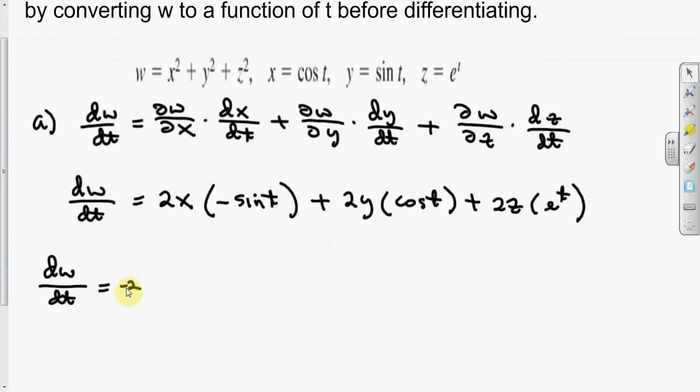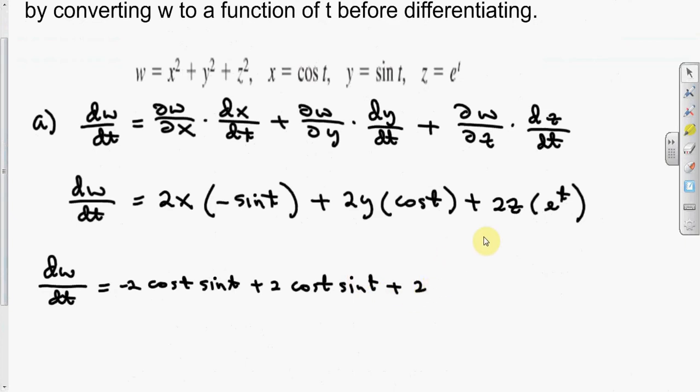So here, dw over dt is, put the negative there in front, negative 2x, x is cosine t, and that's times sine t, plus 2 times y. Y is sine t times cosine t. Just say cosine t sine t, plus 2 times z.